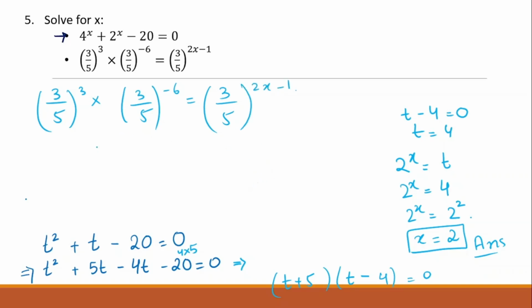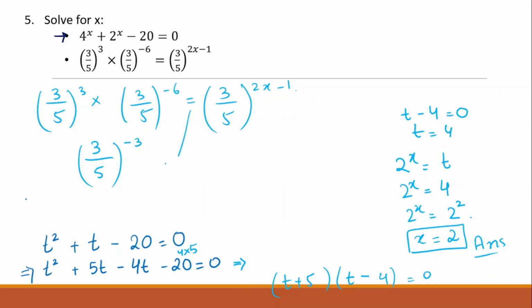Both the bases are the same, so you can take just one 3 to the power 5, and you can add the powers. So 3 plus minus 6. When a plus is multiplied by a negative sign, you get a negative sign. So you can write 3 negative 6, which is basically negative 3.